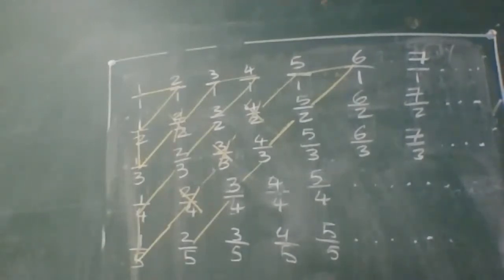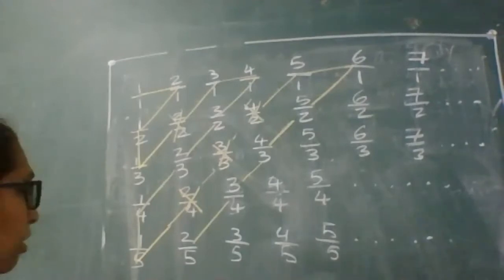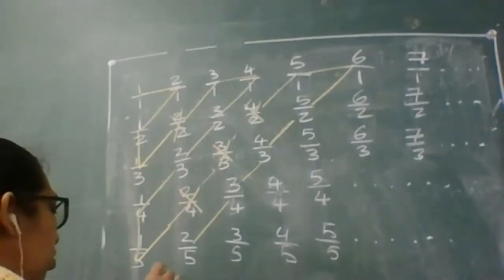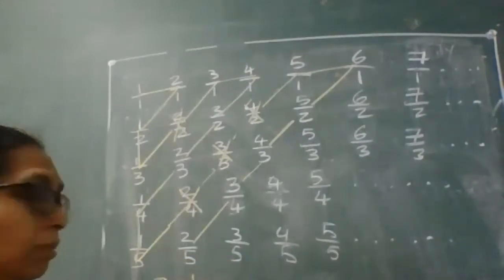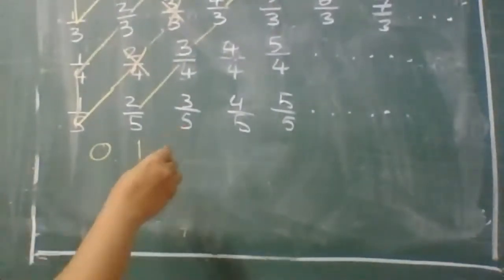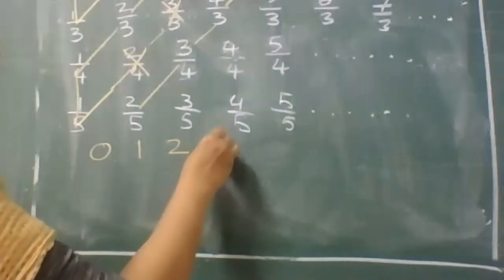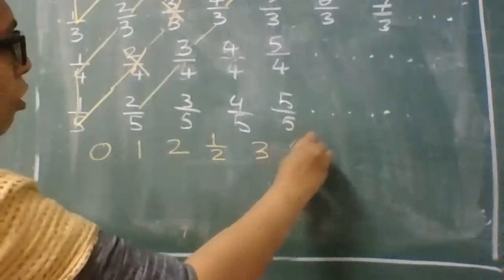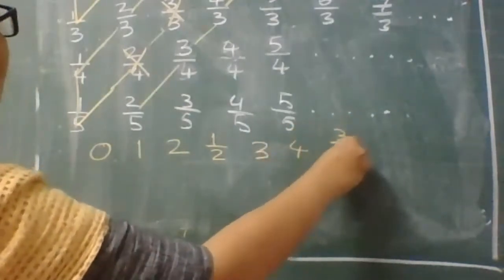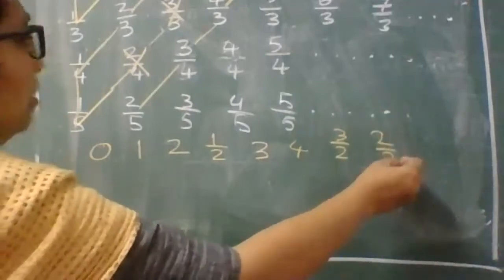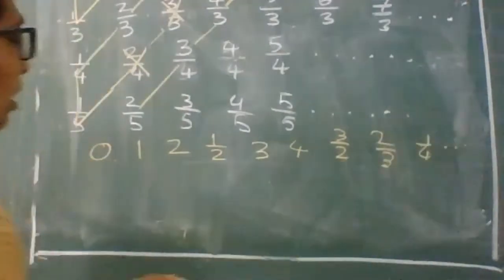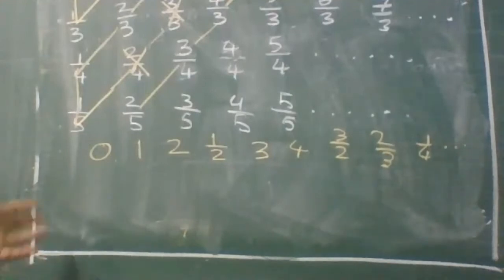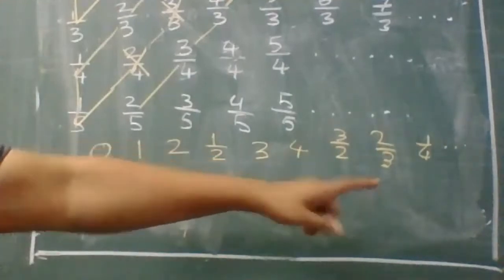If the original list is, let's start with 0, 1, 2, half, 3, 4, 3 by 2, 2 by 3, 1/4, etc. This includes all positive rationals and 0.